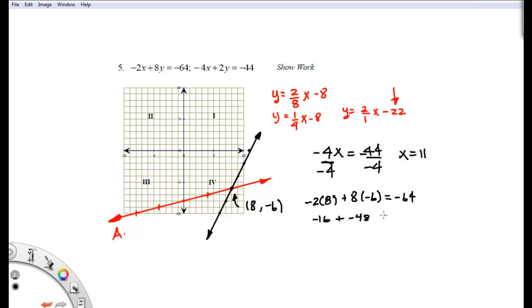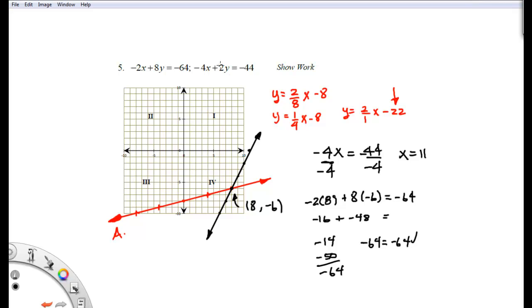We add those two together. Well, we know 6 and 8 is 14, and 10 and 50 is -64. So that has to be -64. Okay, so -64 equals -64, and that's a true statement.